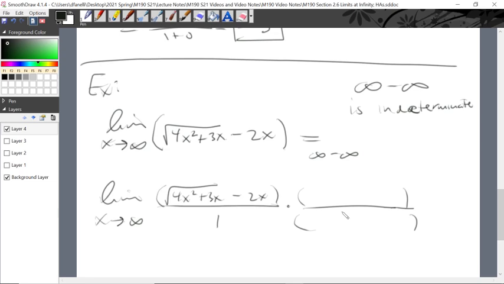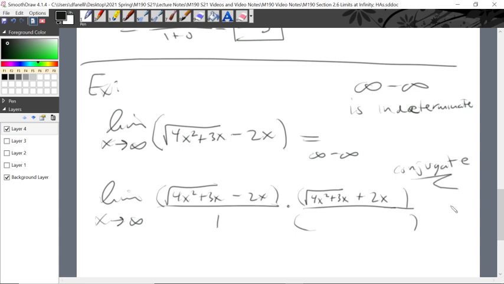The numerator. In order for us to FOIL this, which is going to allow us to eliminate this square root, we're going to multiply by the conjugate of the numerator. That is the square root of 4x squared plus 3x, and then plus 2x. That is the conjugate of the numerator.